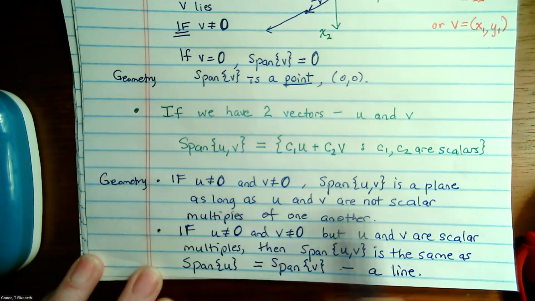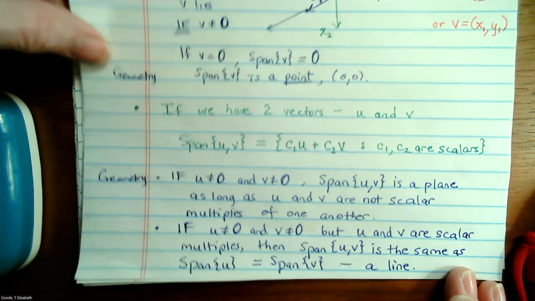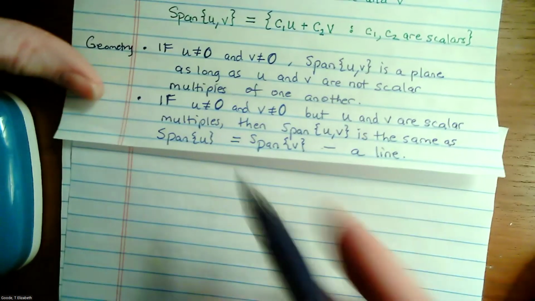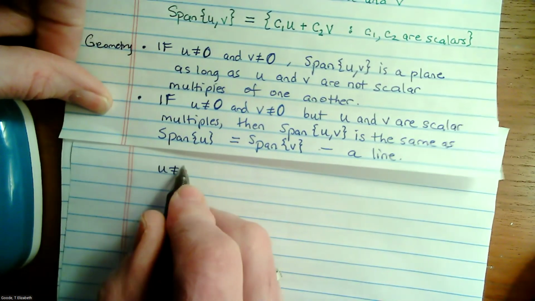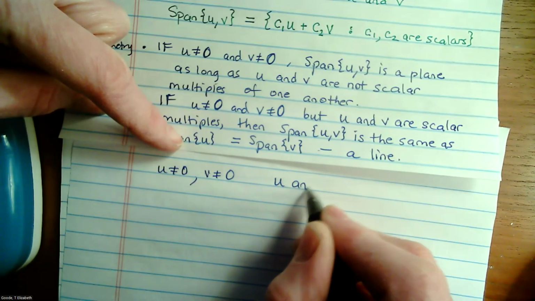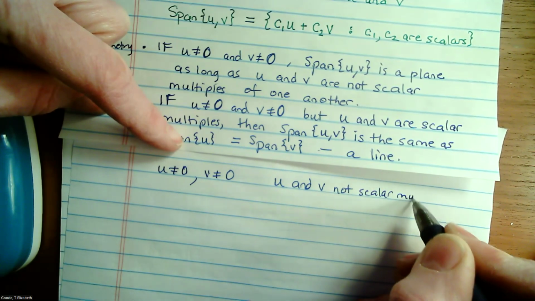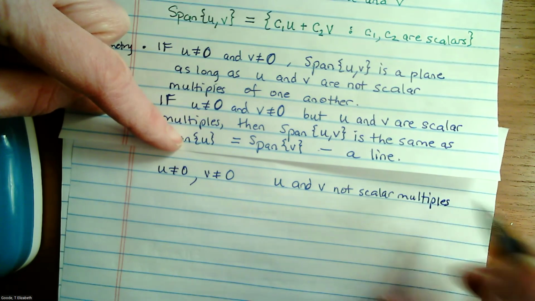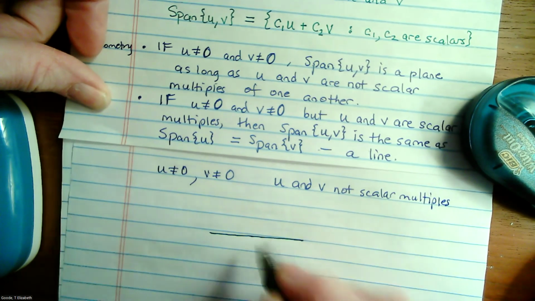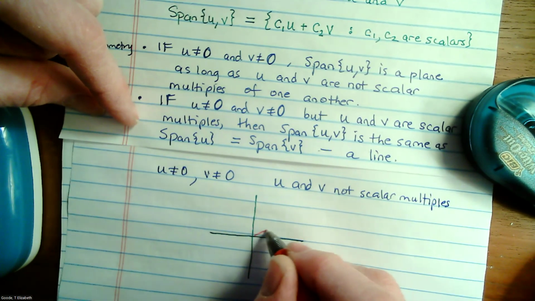But if U and V aren't scalar multiples of each other, that means they go in different directions. They don't build the same line. So we can draw a picture of that, where U not equal to zero, V not equal to zero, and U and V are not scalar multiples of one another. That means when you draw the picture, you can still draw it in 2D. It's about as far as we can go. Let's say U is here.